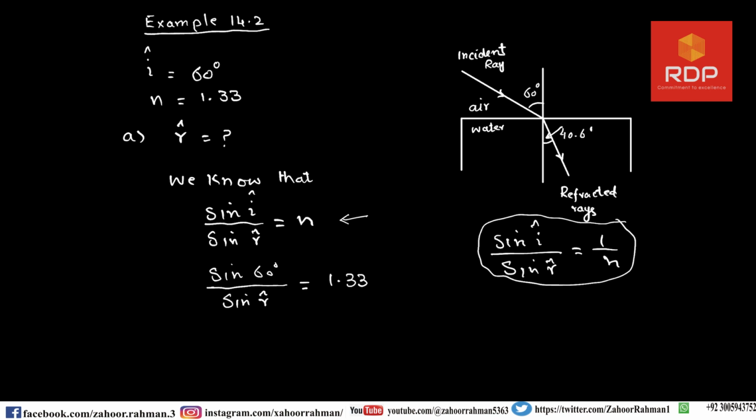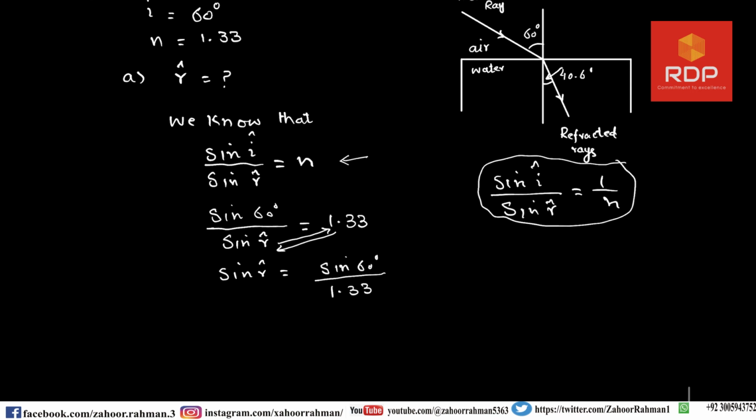Now simply we can write this as sine R equals sine 60 degrees divided by 1.33, because I am shifting this to the place of this, and this 1.33 will come on the place of sine R, and then I arranged it.